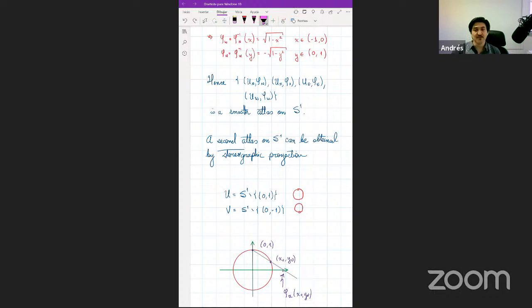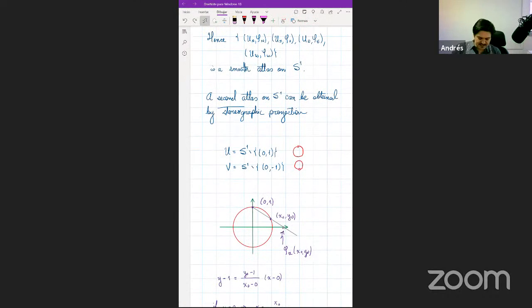So all that you have to do is to compute the equation of the line. You have the points and then find when it crosses the x-axis. That will be the function phi of u. So this is the equation of the line that goes through this point and this point. And then you make y equals to 0, and you get the function phi of u.